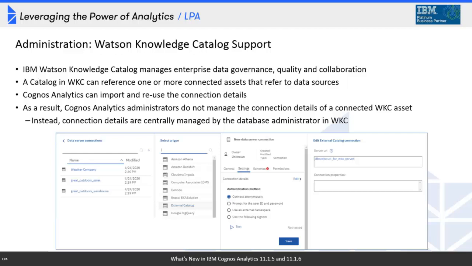That way you're not propagating that same definition to multiple tools, and then ultimately when that definition changes, you have to update multiple tools. And this way you can reference Watson Knowledge Catalog and pick up the definition from your central location. I'm told this is the first of many integrations with Watson Knowledge Catalog coming for Cognos Analytics, so I'm excited to see what comes next.